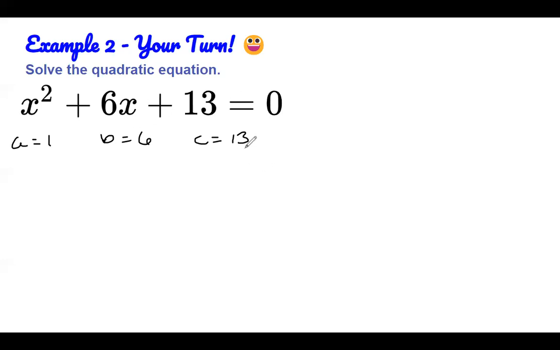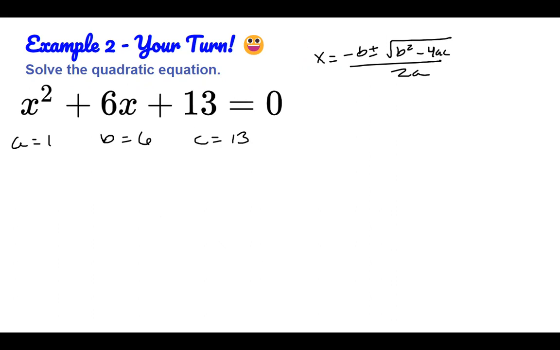Okay, so now that I have this, guys, my formula: x equals negative b plus or minus the square root of b squared minus 4ac, all over 2a. So how do I write my substitutions here?